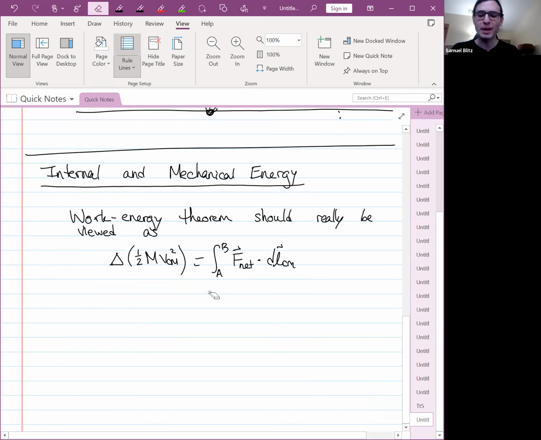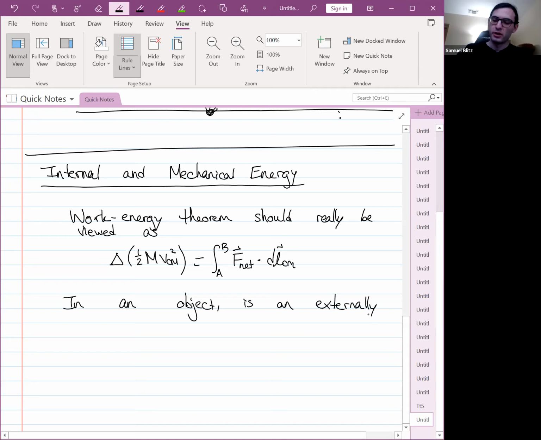The question you might ask is, is it true that the applied external force is always equally applied to all of the atoms? And the obvious answer should be no. So I'm just going to jot this down. Imagine that you're picking up a ball.